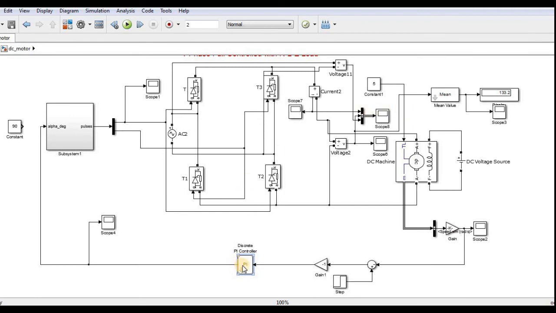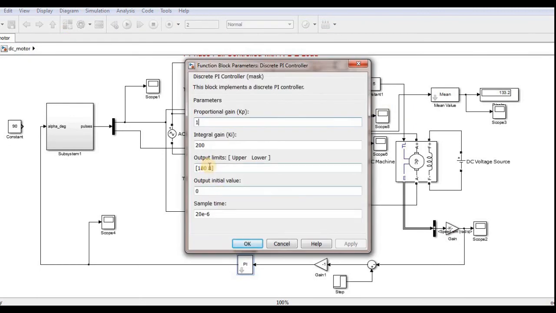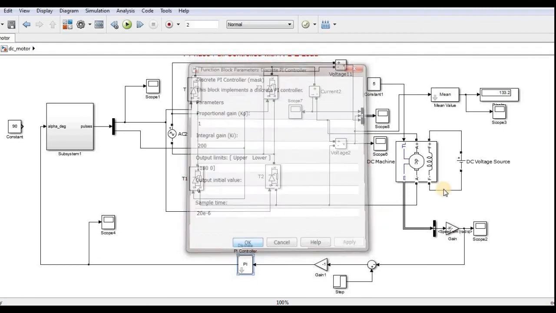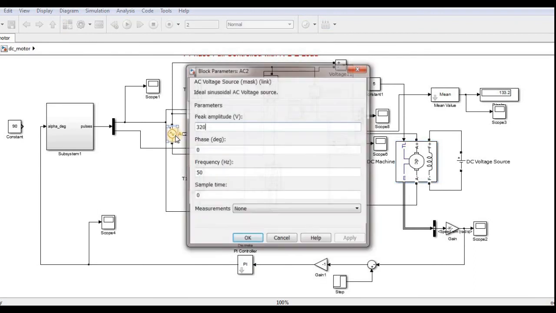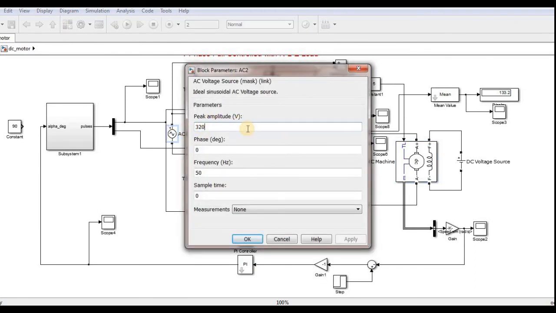And the minimum should be 0, and my reference speed should not exceed 1750 RPM. The rating of the DC motor armature voltage is 240 volts. So for 240 volts I considered 320 peak amplitude, because once it is converted to DC, I can get only 240 or 250 volts at 0 degrees.